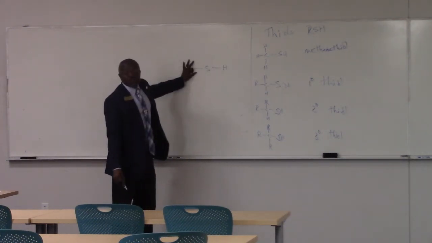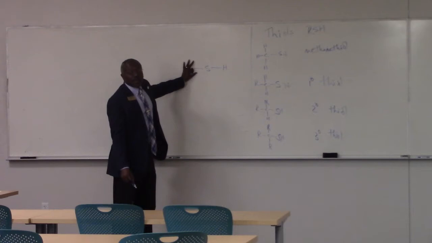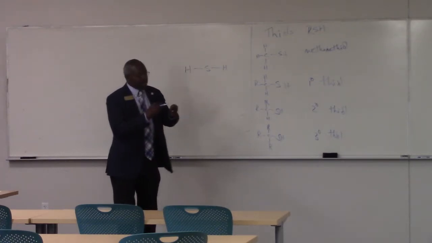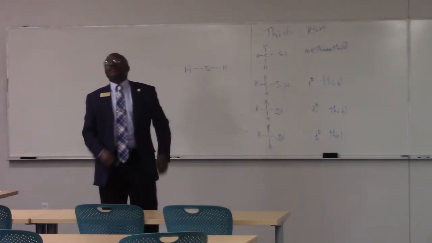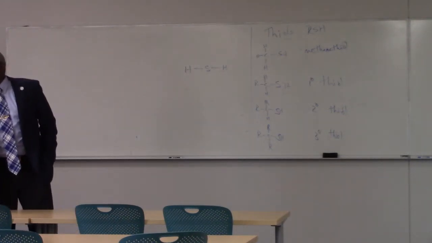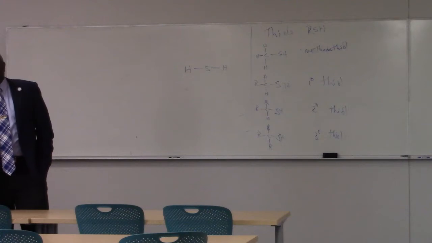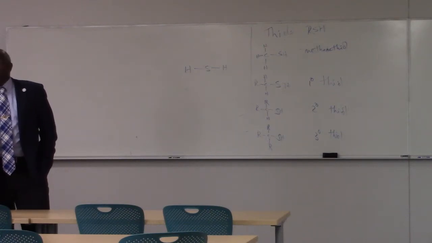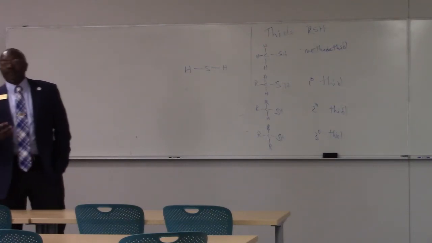Anything with that SH unit stinks. Well, that's not true. Many things that you can think of that are foul smelling are thiols. They smell badly because they contain some amount of thiols.